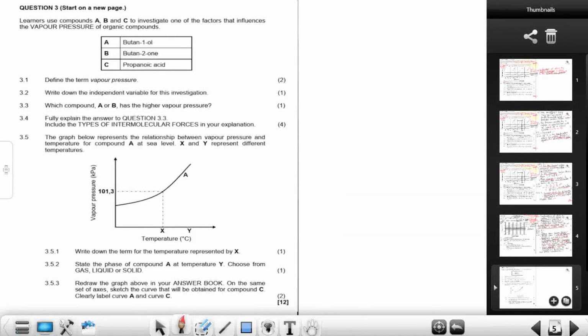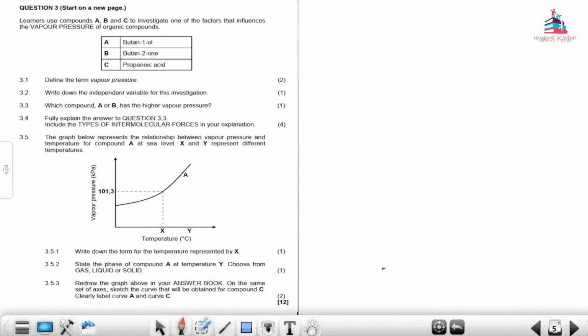So the last one also was a previous question paper. Hence I said we are going to focus more on the exam type of questions, but now you need to start understanding how we approach these questions, because the approach is very, very important, and the approach should be that we understand the stems or the information that is given.